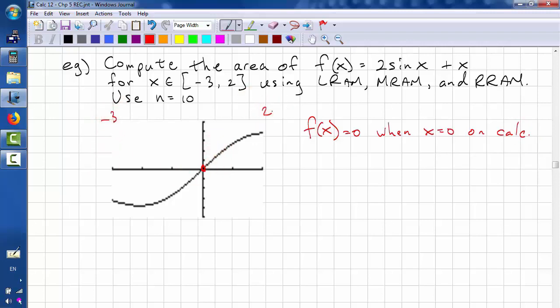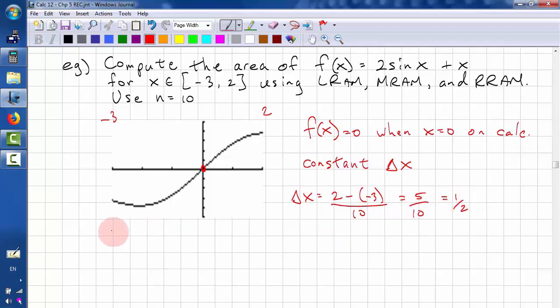And in order to get an accurate answer, we would need to have a constant delta x. We can't have a different delta x in this region and a different delta x in this region. So we take 2 minus -3 divided by 10. That's our delta x. We use the whole interval. So this is 5 over 10, which is a half.